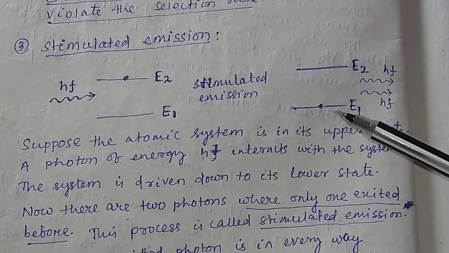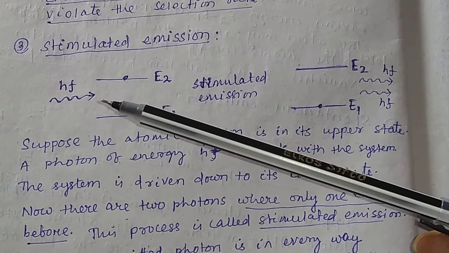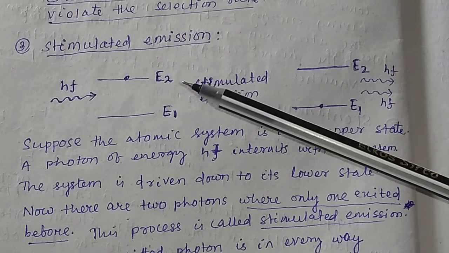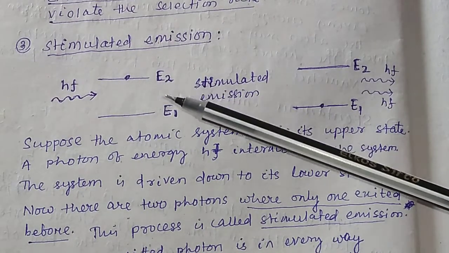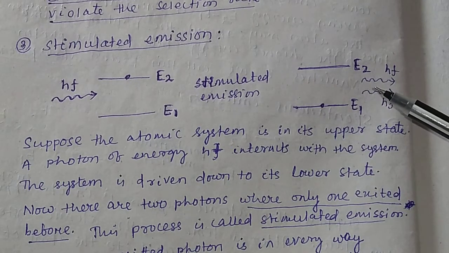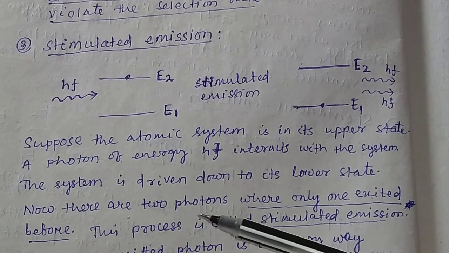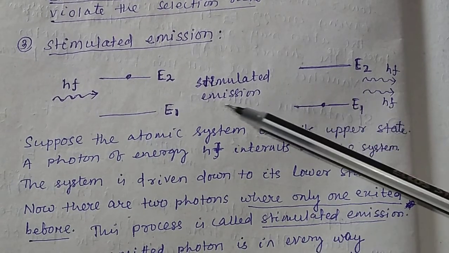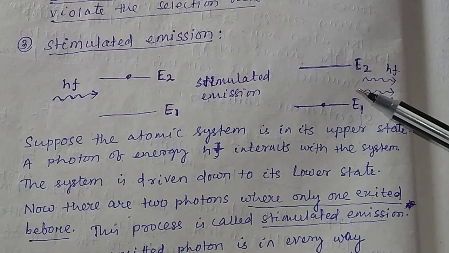Now there are two photons: one is the photon hf we previously made incident, and another photon is produced due to the change of energy of the atom from the higher energy state E2 to the energy state E1. So the system is driven down to its lower energy level, and there are two photons, where only one was present before. This process is called stimulated emission.